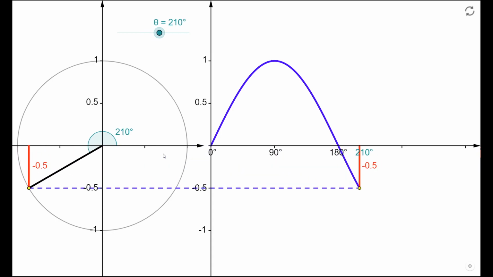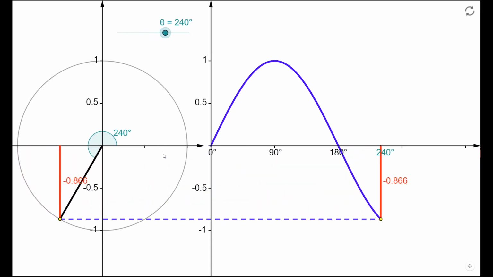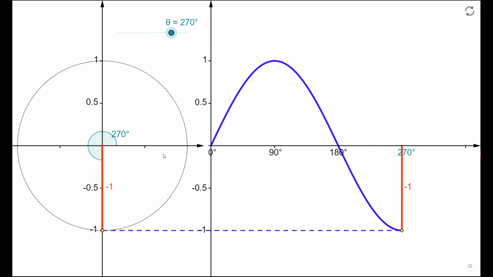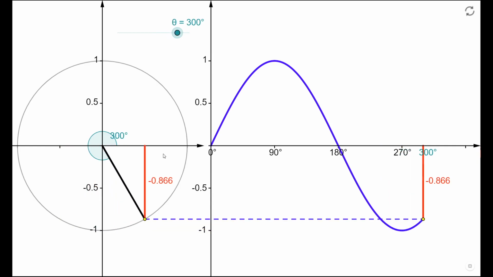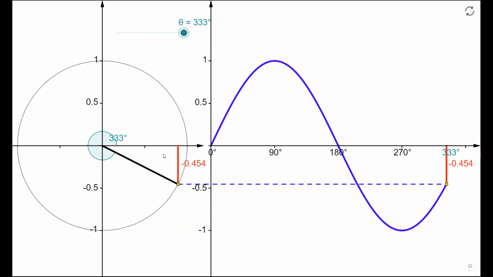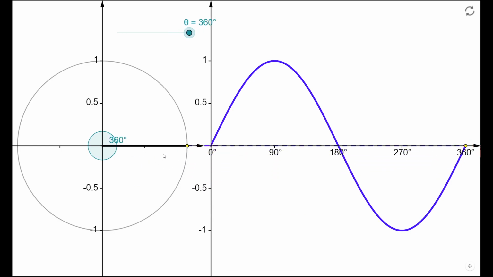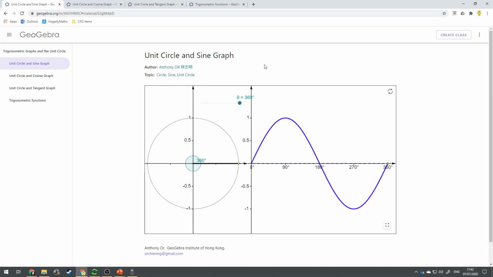Okay? We can see that that blue dotted line is tracing how high up or low down, or how far down the opposite side reaches on the y-axis. Okay? But we have other graphs as well. So that was the sine graph.